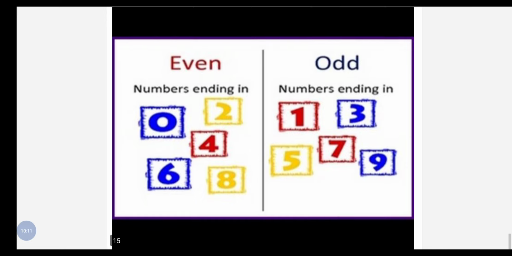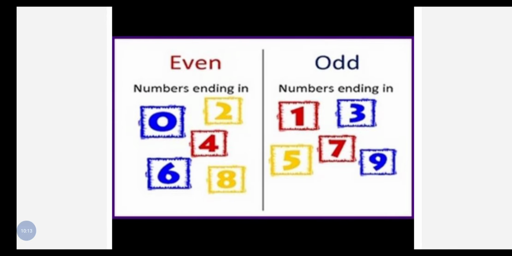Dear students, first we will take even numbers. The ones place digit of even numbers is 0, 2, 4, 6 or 8. So whenever you find any number with 0, 2, 4, 6, 8 in the ones place, they are even numbers.